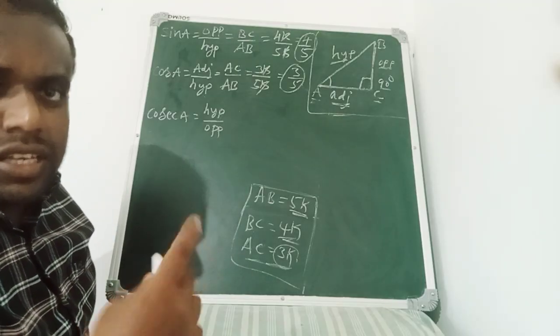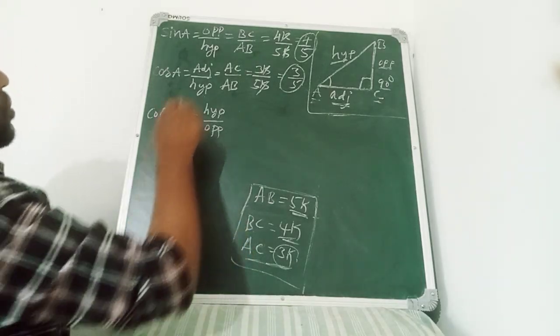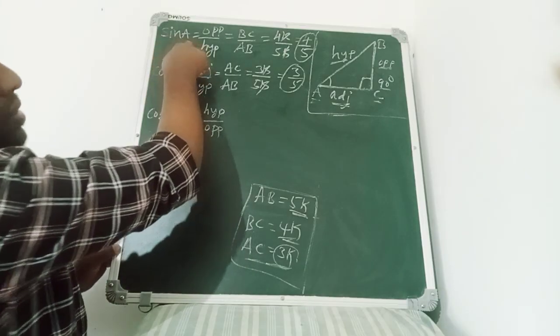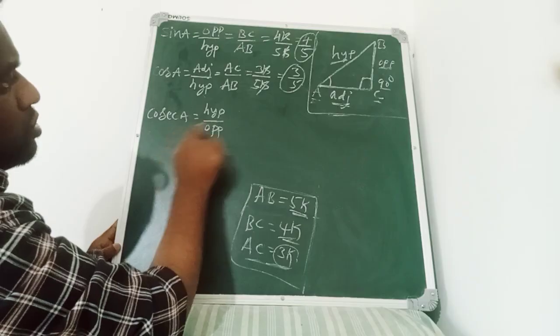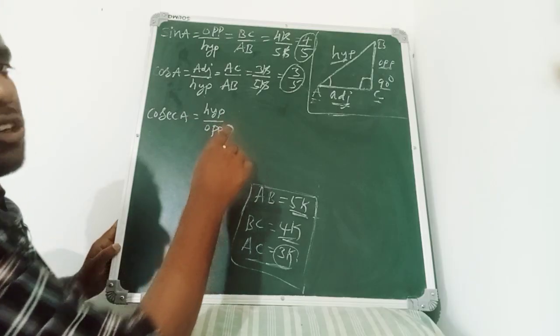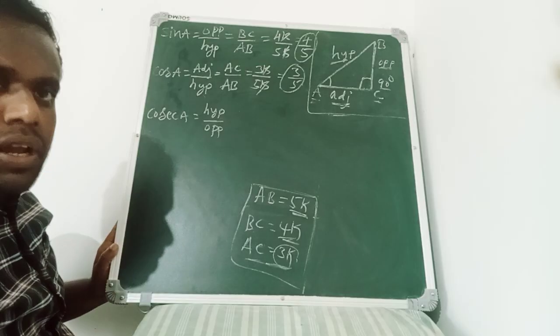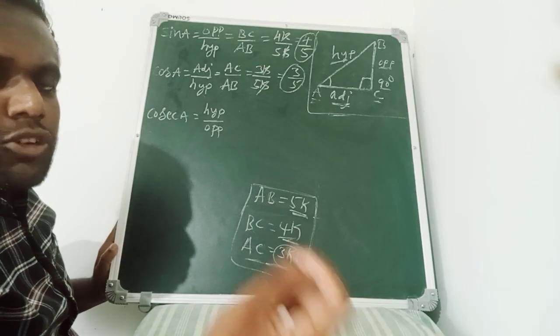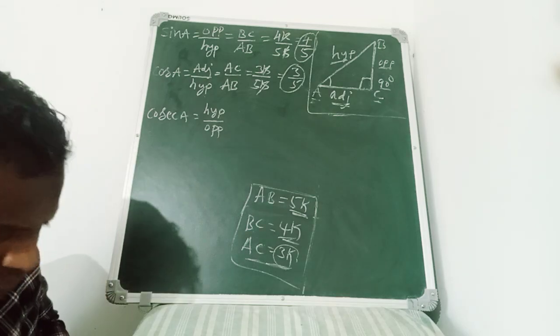In order to make it easier, we will use another formula. We already know sin A. So instead of using this, if you use this formula, it will be somewhat lengthy. But we have another formula. If you use that formula, it will be easy and very quickly we can find the value of this.